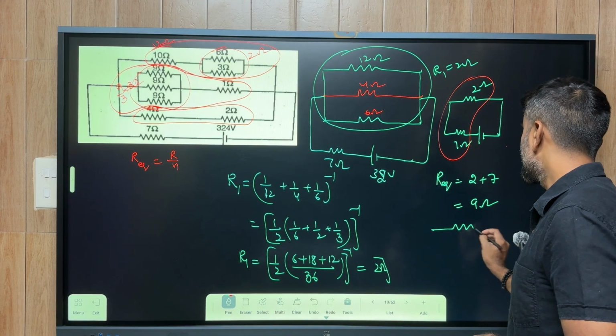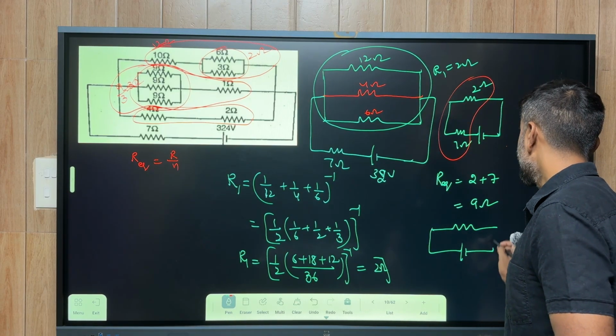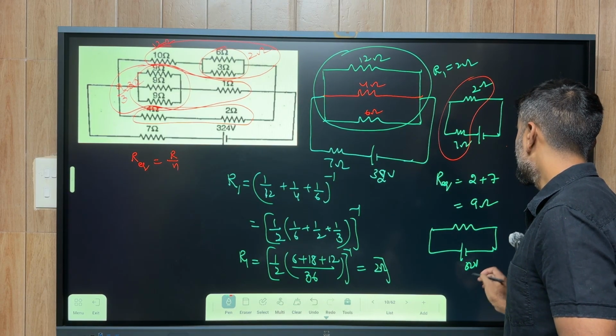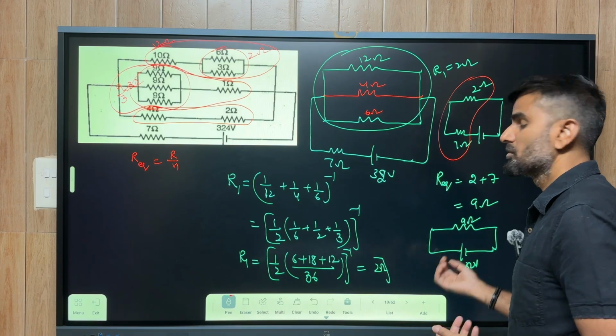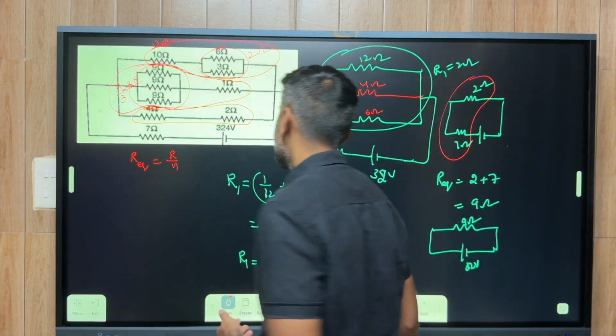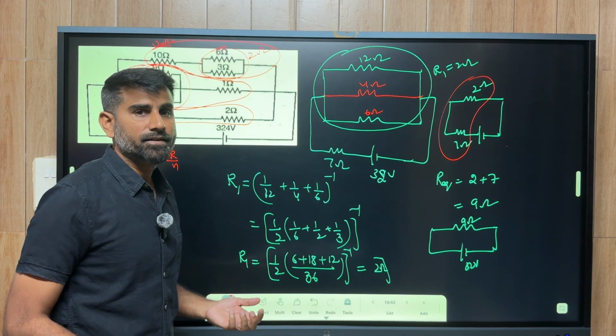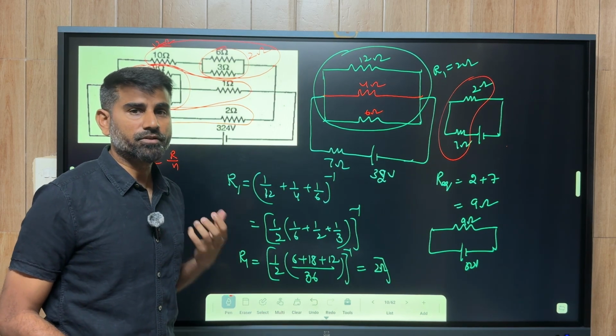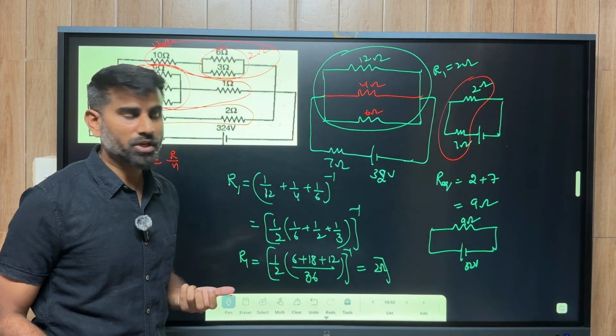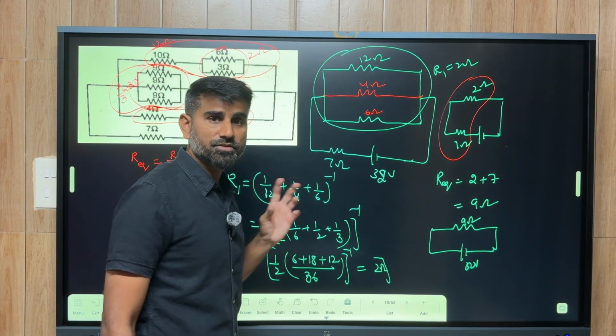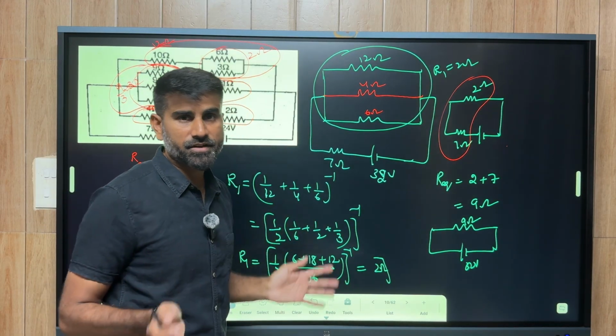So the circuit is further simplified like this: 32 volts, 9 ohms. So this is how we need to find the equivalent resistance by using the successive reducing method. Okay, so hope the examples that we have gone through are clearly understandable.